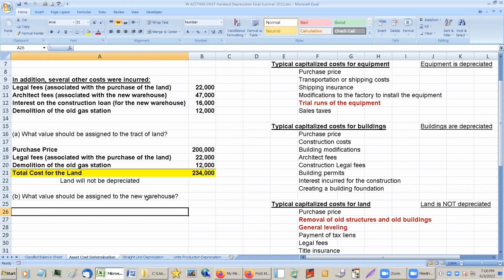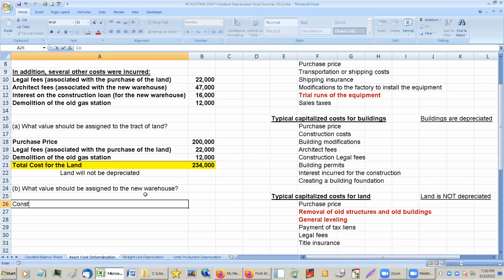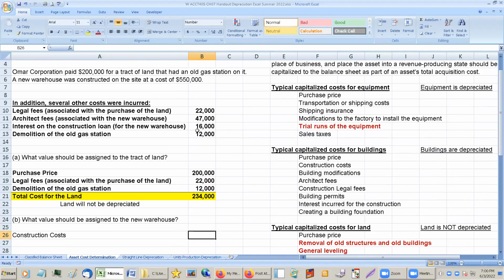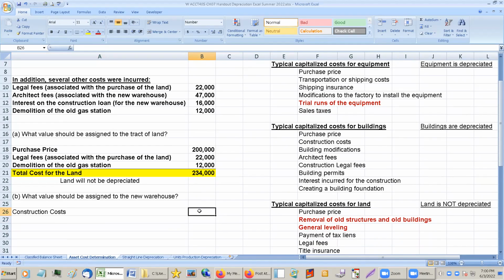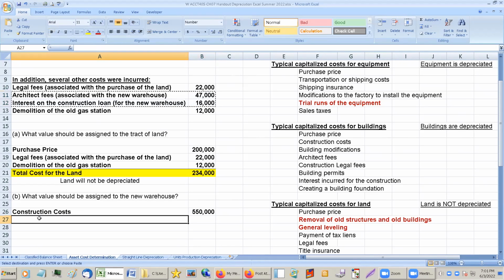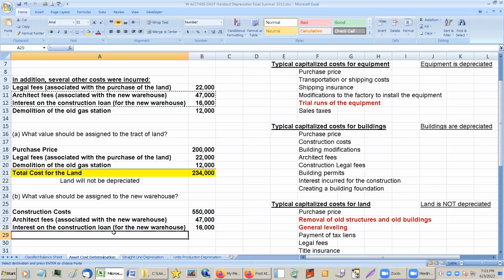Okay, the warehouse. We have the construction costs, $550,000. And we're going to have the architect fees and also the interest on the construction. So normally you expense interest, but if it's part of the construction, if it's directly related to the construction, then we capitalize it.